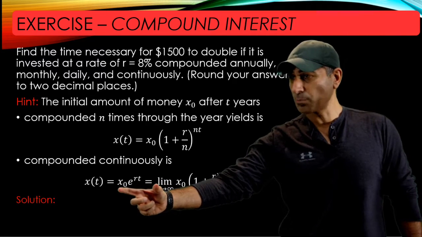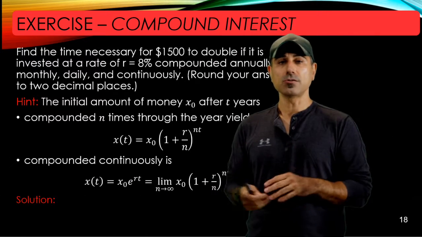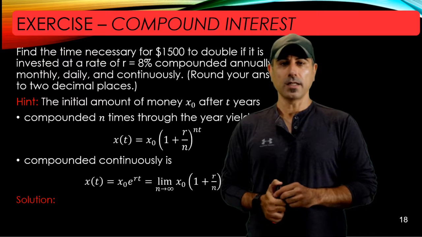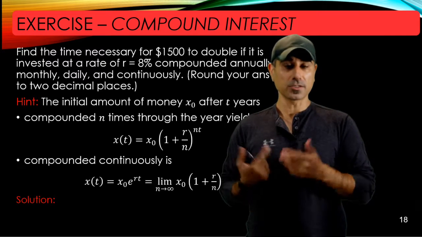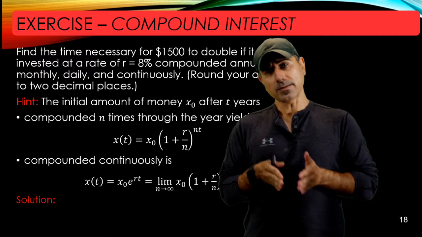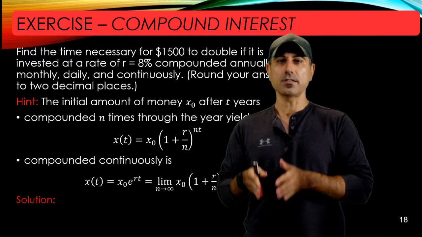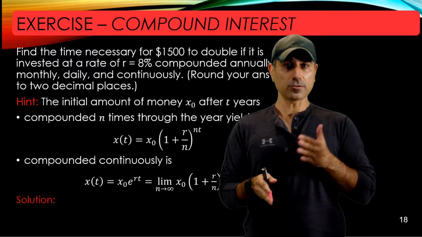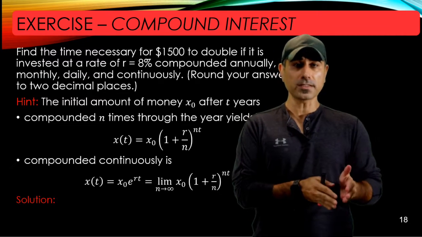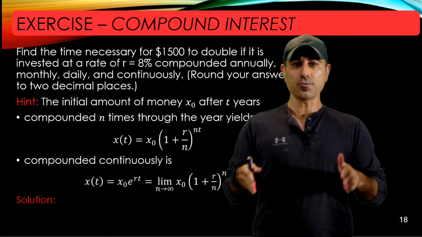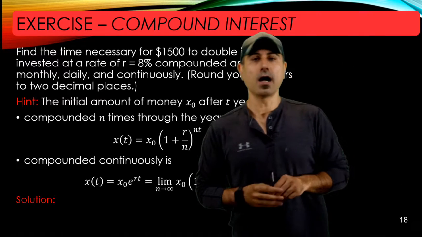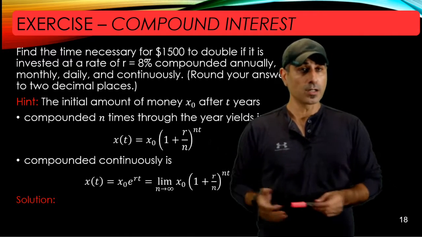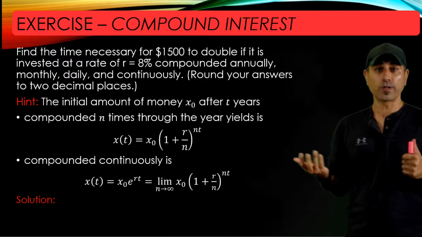So when we compound the initial amount continuously, the solution is always in the form of exponentials. If you compound, let's say daily, you put your money into the bank, and the next day you get interest just for one day, and then that interest is added to the initial amount, and that amount is now your initial amount till tomorrow. So it compounds till tomorrow, and then you get the interest for the second day as well, and now you collect all the money and compound it again, daily, or monthly, or quarterly, or annually.